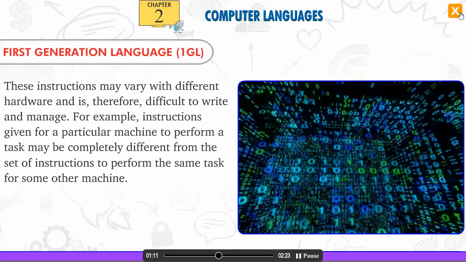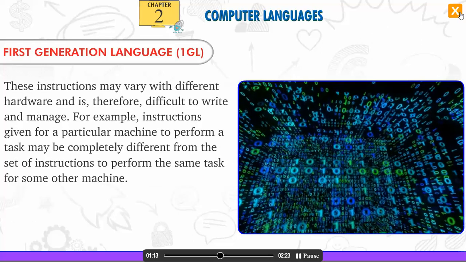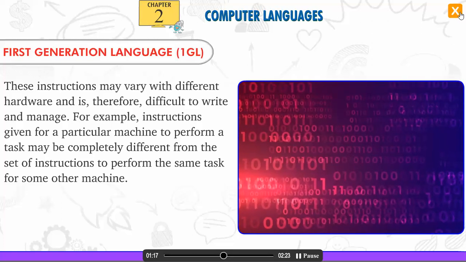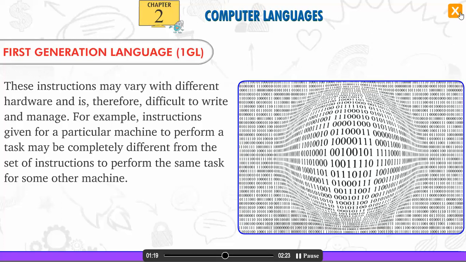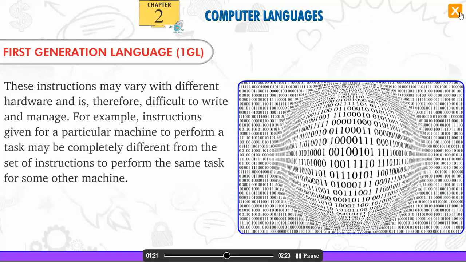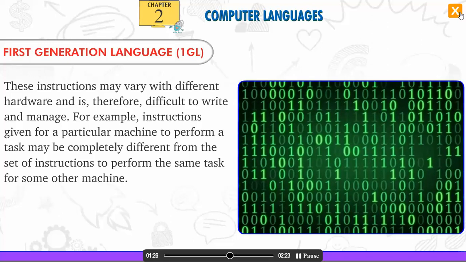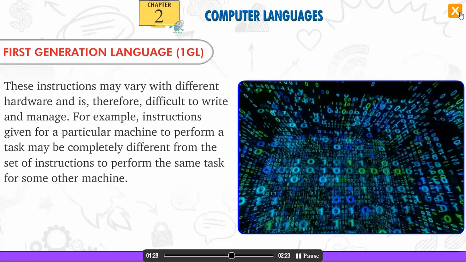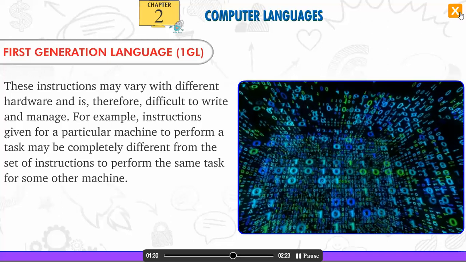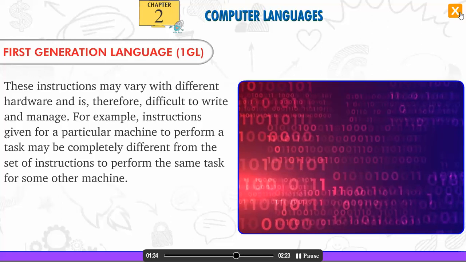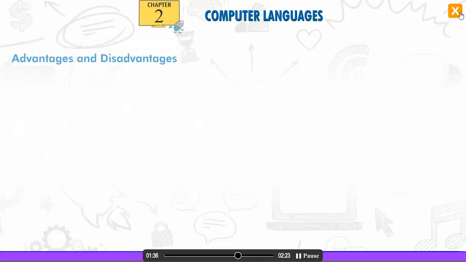These instructions may vary with different hardware and is therefore difficult to write and manage. For example, instructions given for a particular machine to perform a task may be completely different from the set of instructions to perform the same task for some other machine.